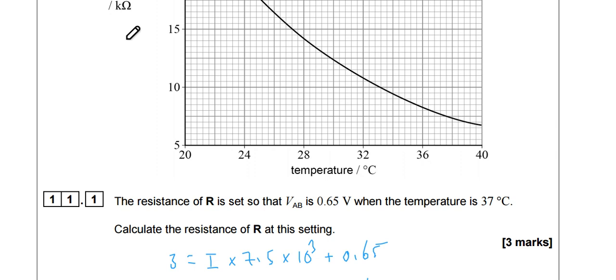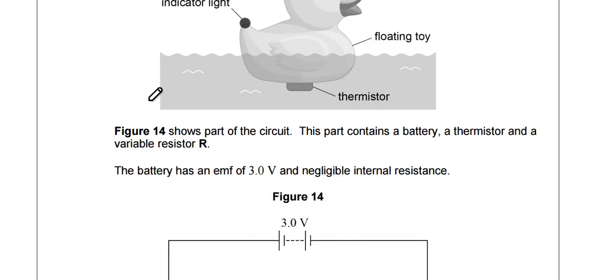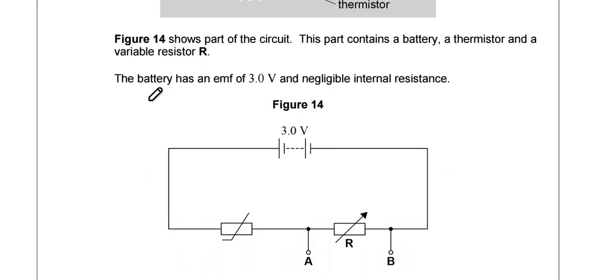Okay, so as we get the resistance of the thermistor, and we have both connected in series, the total resistance is the sum.